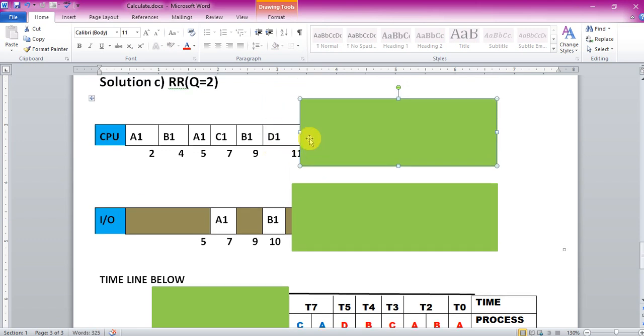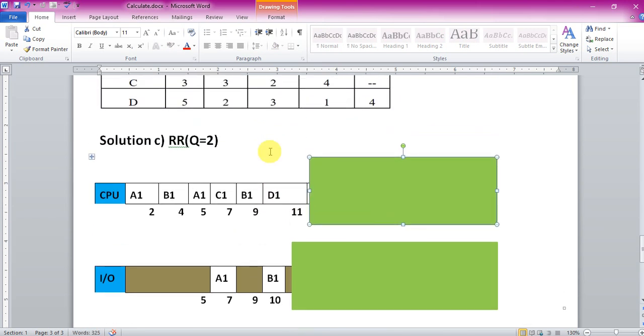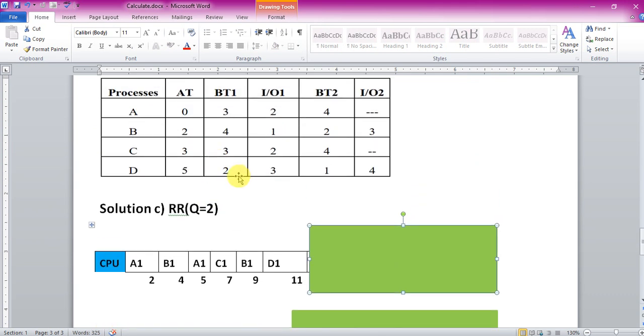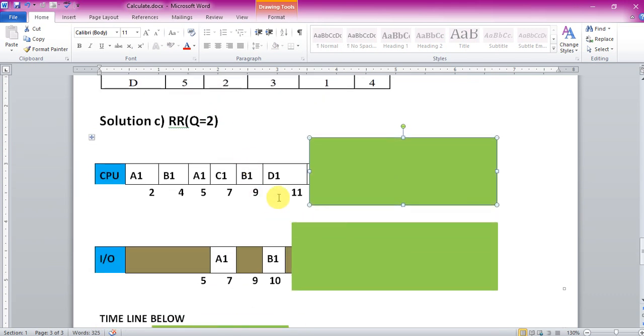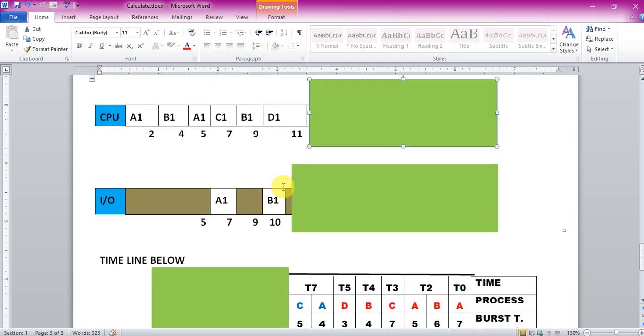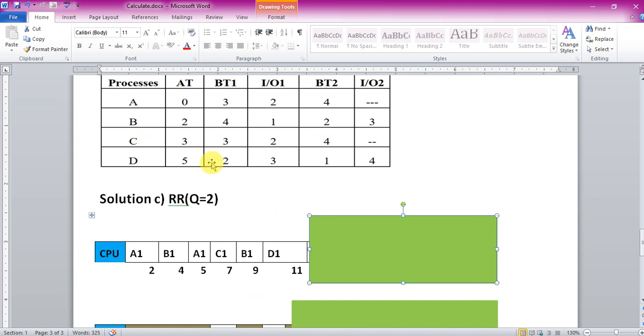The request in the first half is 2 units. So from 9 to 11, D is executing. The graph might be larger, but you only look at the numbers. From 9 to 10, 10 to 11, D is accessing the CPU.